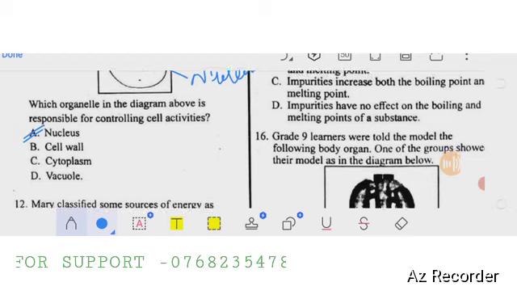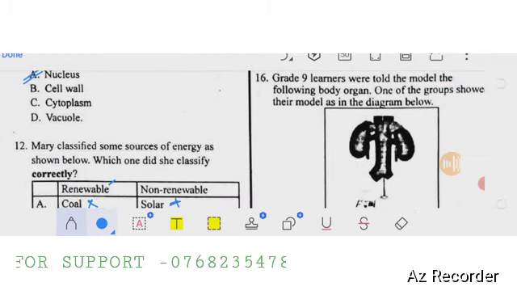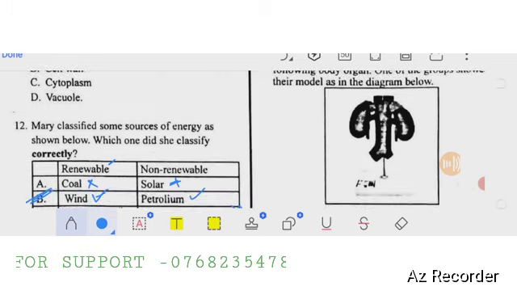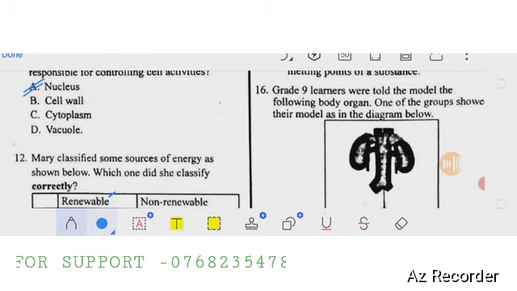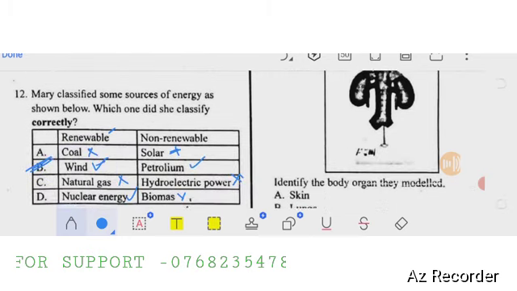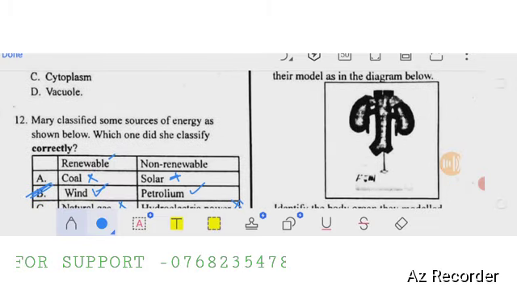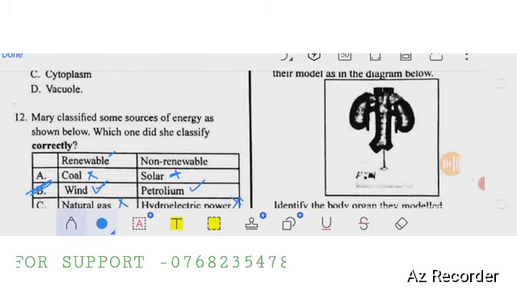So question 16, learners were told to model the following body organ. Which of the groups showed their model as in the diagram? So this is typically the kidneys.